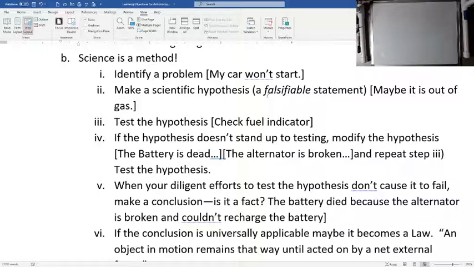It isn't true, but it certainly qualifies as a scientific hypothesis, because all it has to be is falsifiable. And all you would have to do is go down the street and find someone who's taller than me and say, ha, your statement is false. And we would get on with our lives. Same thing with your car. You might say, well, maybe my car is out of gas. That's my hypothesis. That's a falsifiable statement.